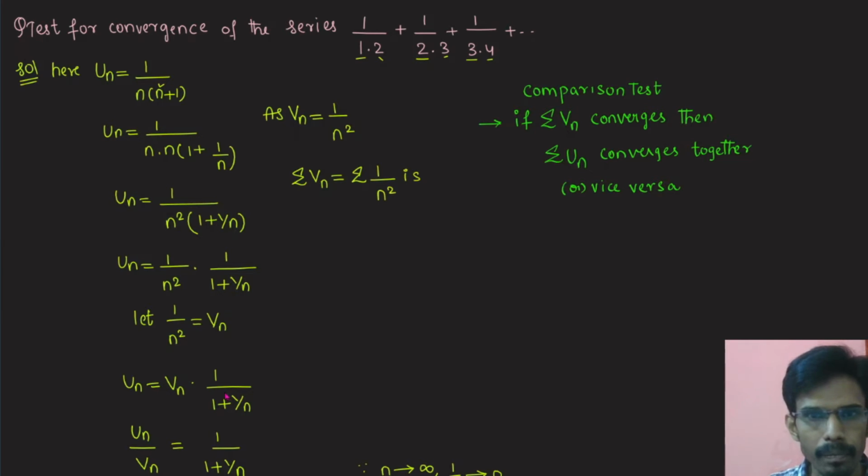This is a P series, right? This is a P series with P value is 2, that is power of n, this 2. This P is 2 means greater than 1. Whenever P is greater than 1, we say that sigma Vn is convergent.